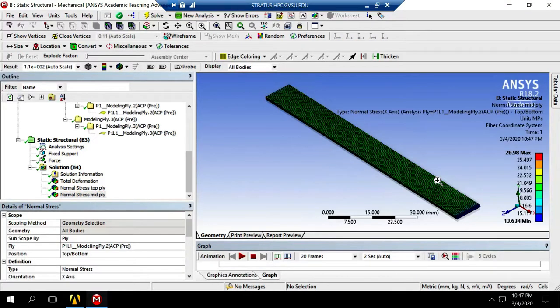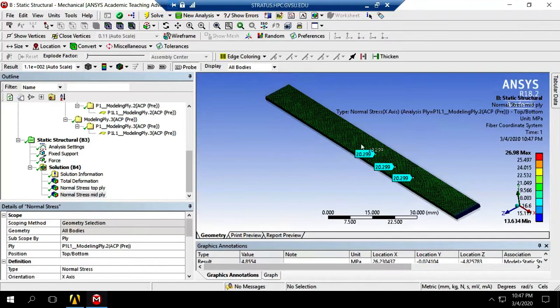Alright, so again, ignoring the effects on edges, I don't care about those. Let's click at the middle of the beam. You guys see that my normal stresses are quite consistent, 20.3.